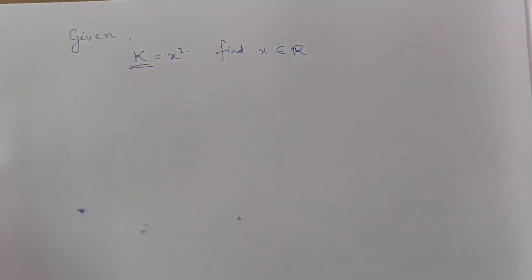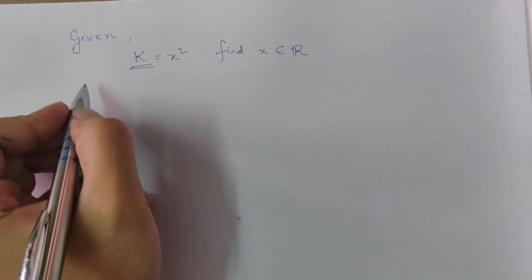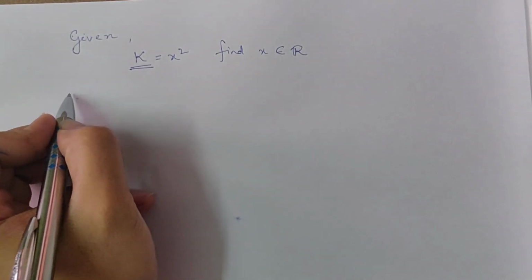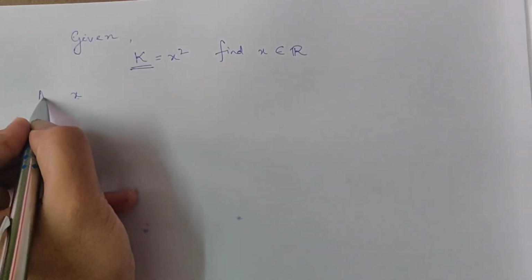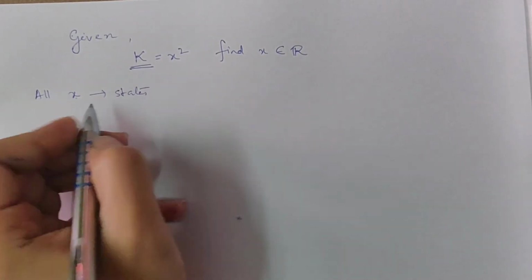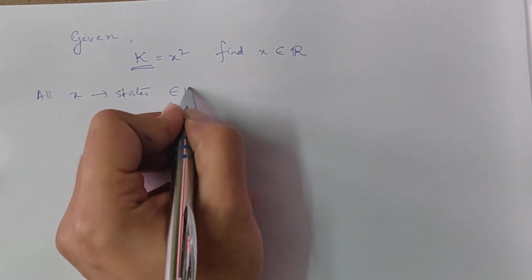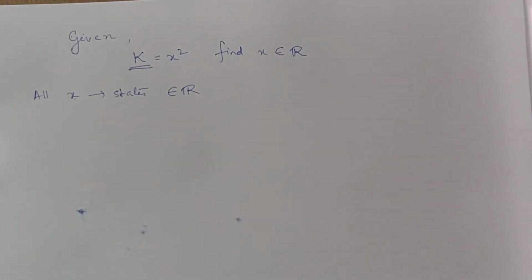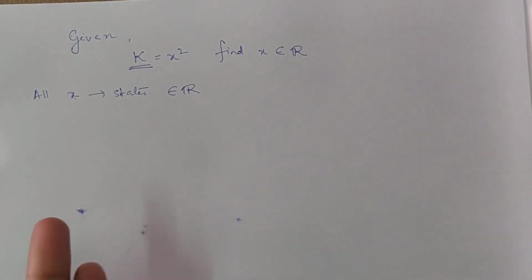What are the states here? For the first thing, the states are all x's. All x is my states. So the states are real numbers. As I told you, there can be situations where the states can be continuous valued, and here the states are continuous valued.